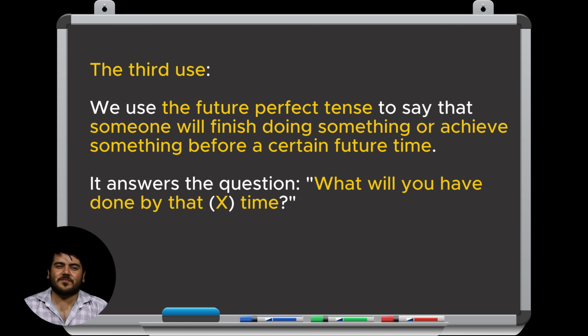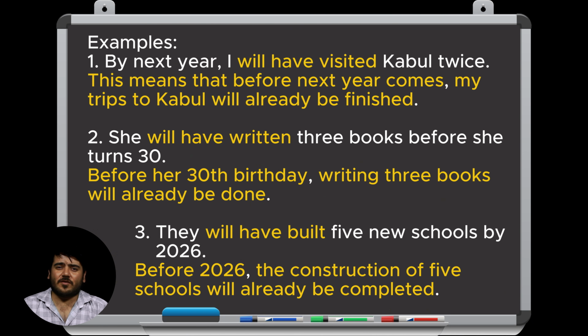The third use, we use the future perfect tense to say that someone will finish doing something or achieve something before a certain future time. It answers the question, what will you have done by that time? Examples, by next year, I'll have visited Kabul twice.